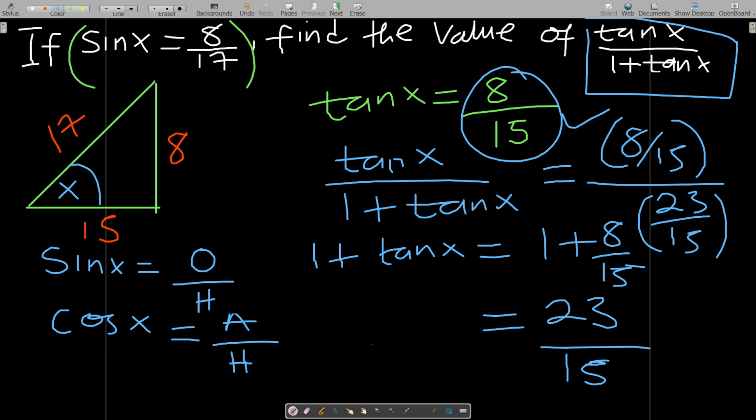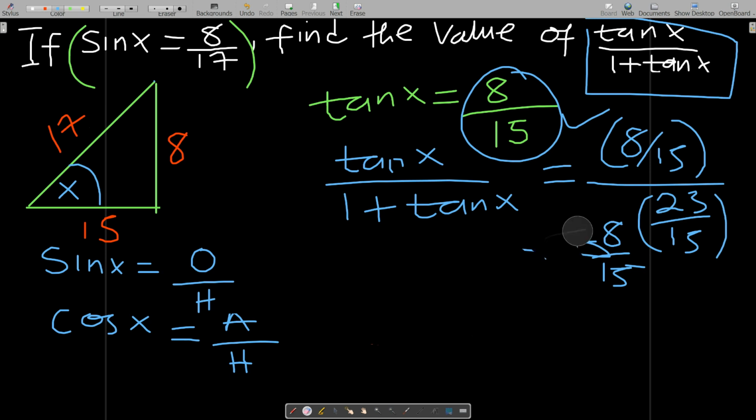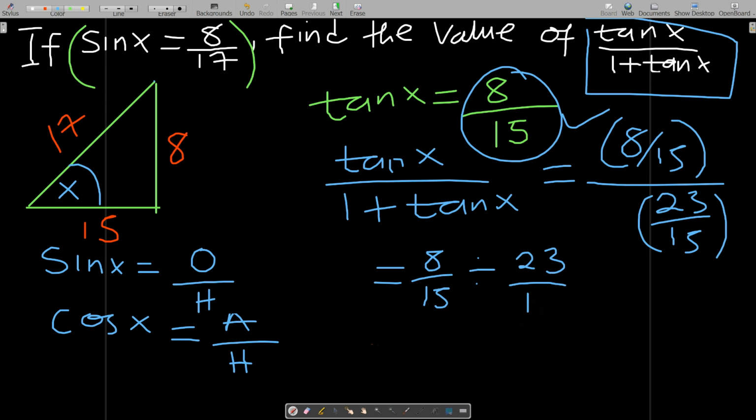It's the same as writing 8 over 15 divided by 23 over 15.